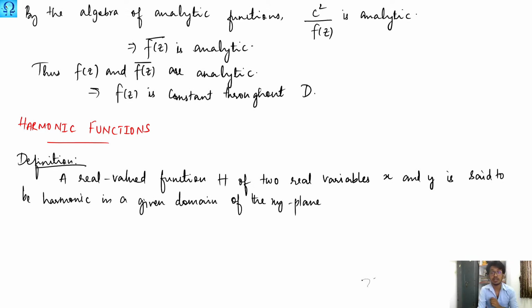So this is where the difference lies. In the xy plane, the x-axis is the x-axis and the y-axis is the y-axis, whereas in the complex plane, the x-axis is the real axis and the y-axis is the imaginary axis. There is a slight difference in that, so that is why here we are saying it in the xy plane.